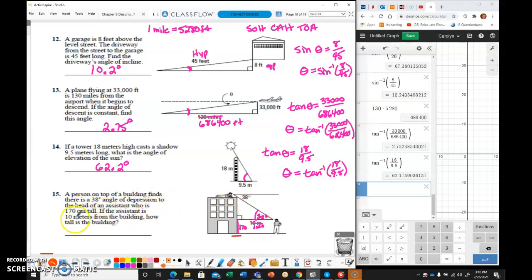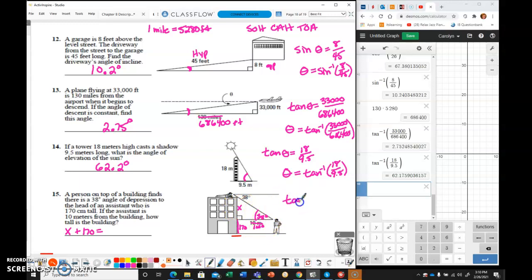Okay. If the assistant is 10 meters from the building, which we changed to 1,000 centimeters, how tall is the building? So remember I said it could still go back and look for the side. We're actually looking for this. And the height of the building is going to be x plus the 170. And we're going to keep that in centimeters. So it looks like the height of the building is the opposite side, and the distance away is the adjacent side.